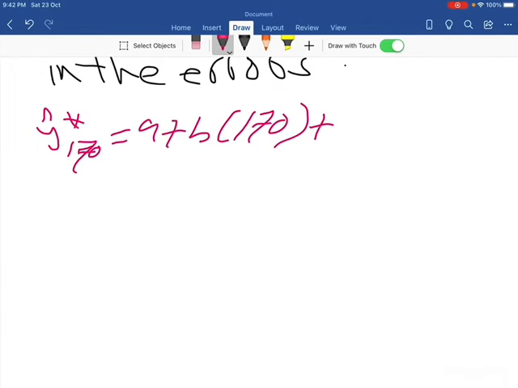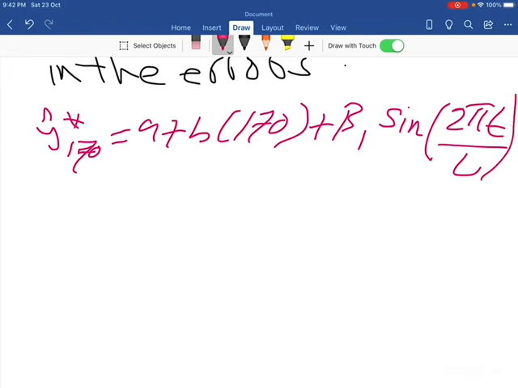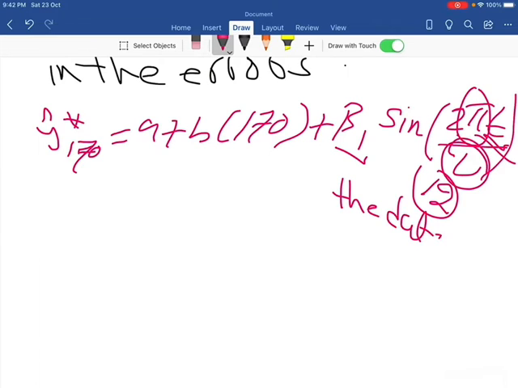You write the complete code, meaning beta 1 sine 2 pi t over L, and you substitute beta 1, then sine 2 with 3.14. For t I will put 170 and for L you will put 12. Why? Because the data are monthly.